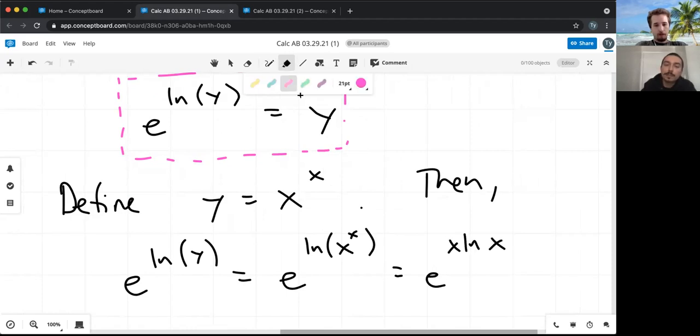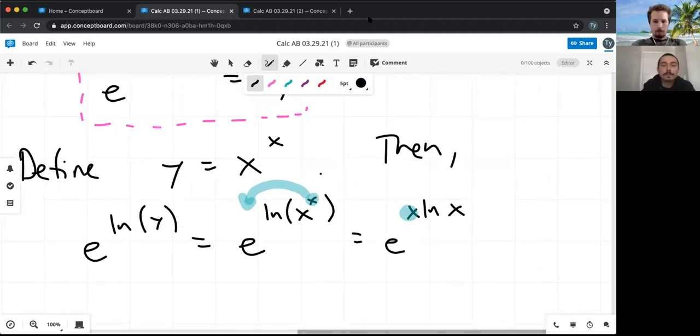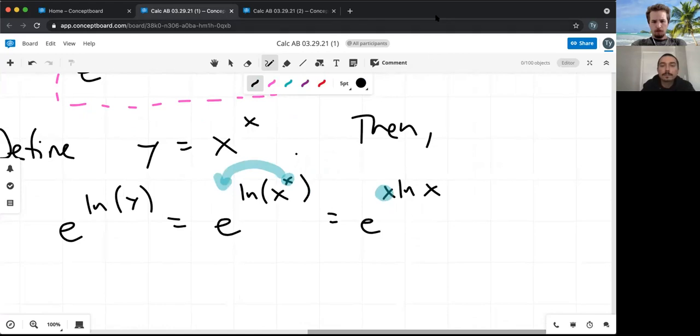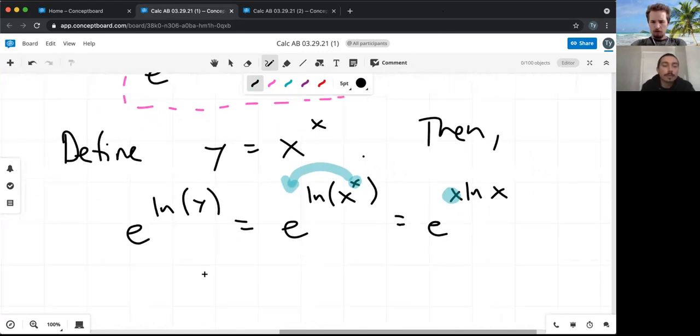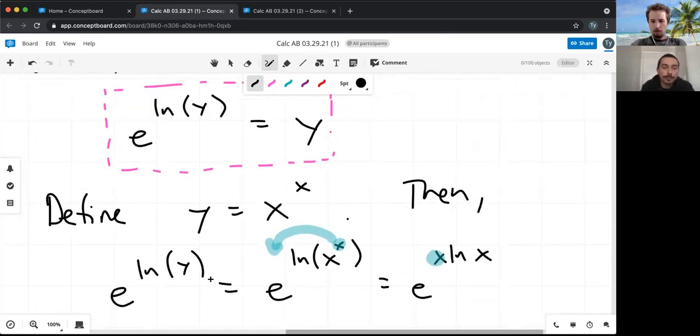We can kind of take this and bring it down in front. Y'all with me so far? Okay. Yes-ish. Okay. Yeah, so we're just using exponent and log rules.